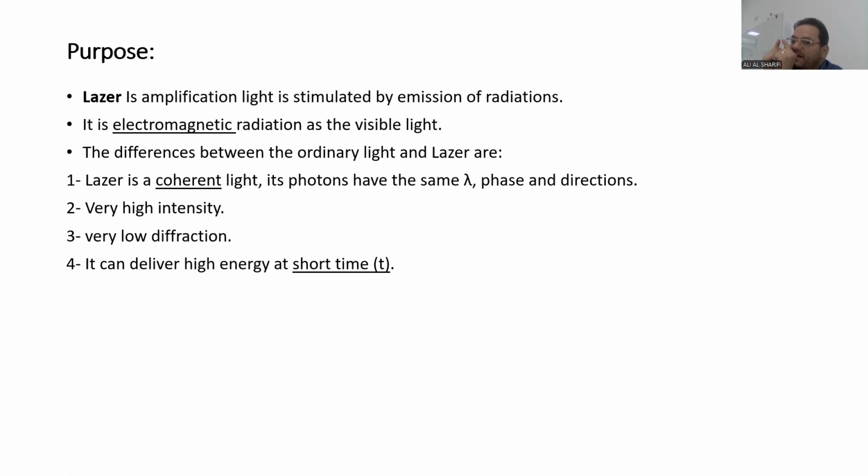It was huge according to our experiment, okay? I will illustrate that better in the next slides. With very low diffraction, it can deliver high energy in a short time, because of that, in other fields, it's used as a weapon.